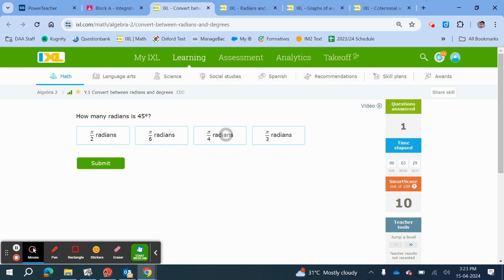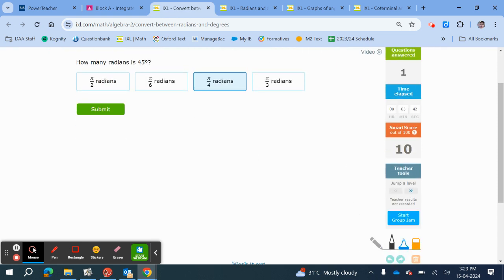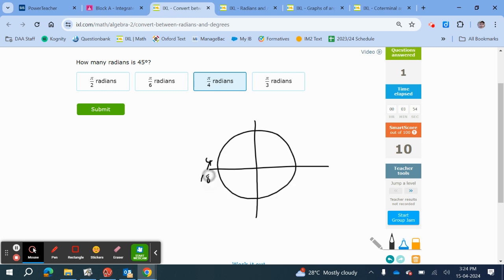45 is pi over 4. I'm not really showing any method here. I've just memorized this after years of work. For the standard angles, pi over 3, pi over 6, 30, 60, 45, I'm thinking about the unit circle, with pi being 180.